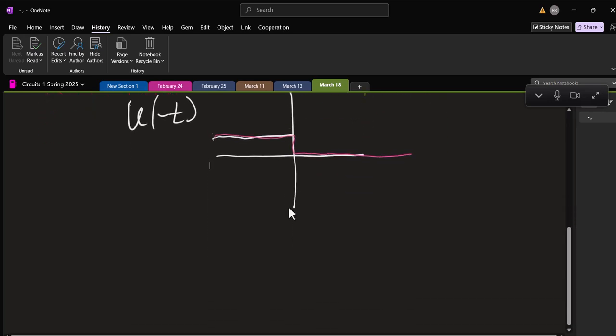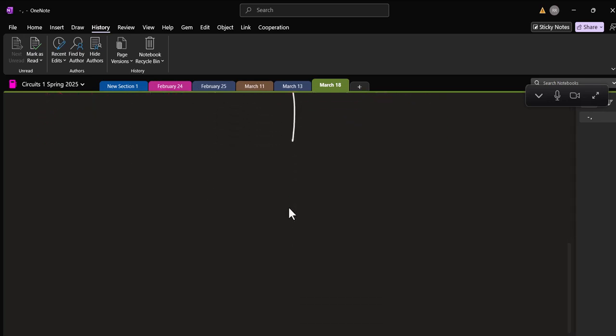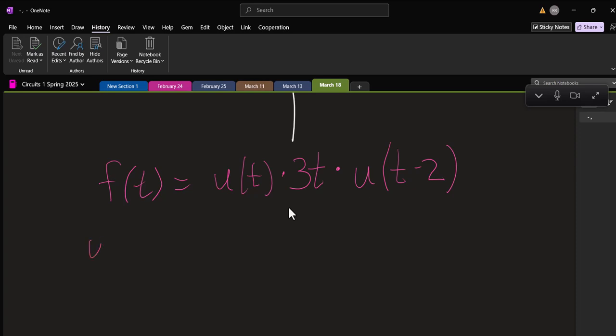So one way you could use that is I could have f of t equals u of t times 3t times u of t minus 2. So let's think about what that would do. So let's think about u of t.